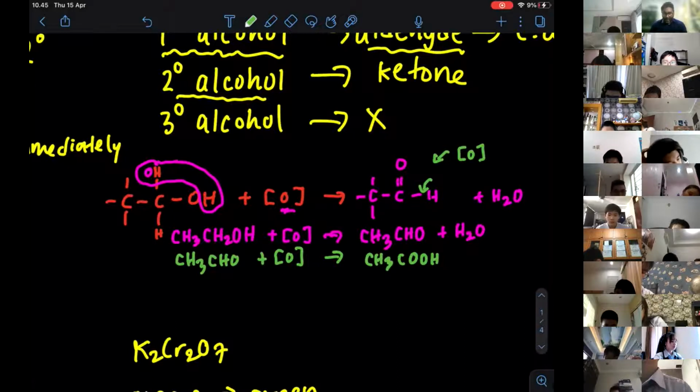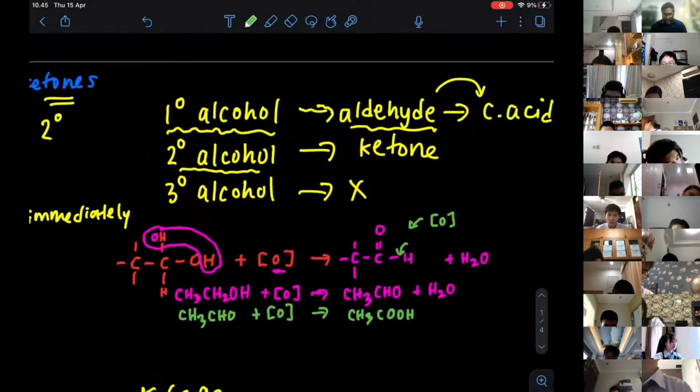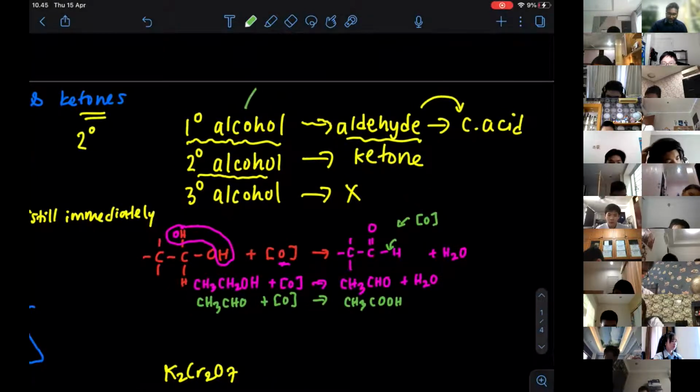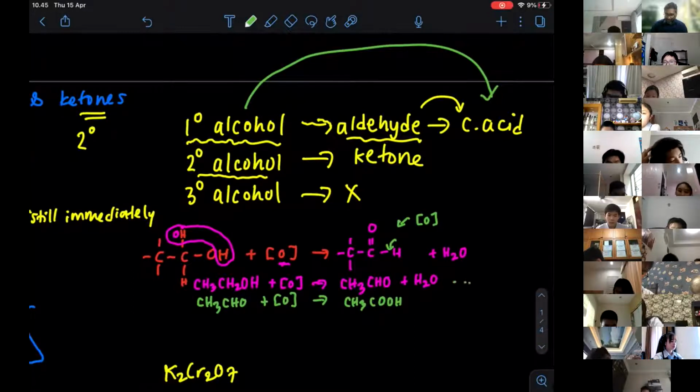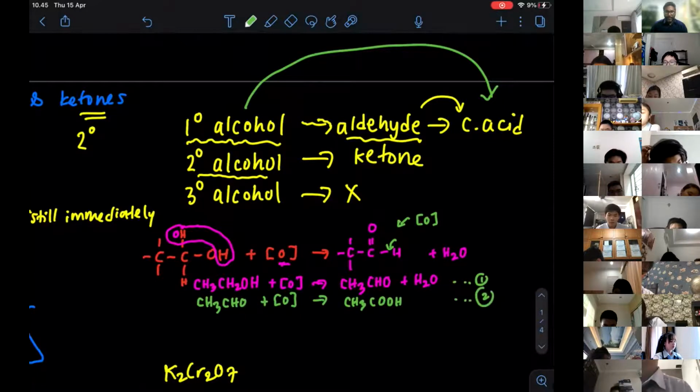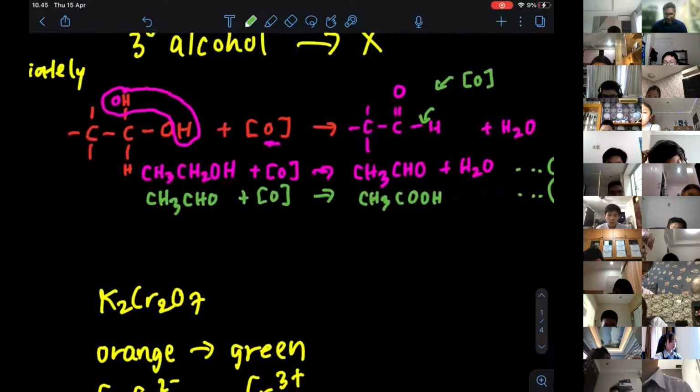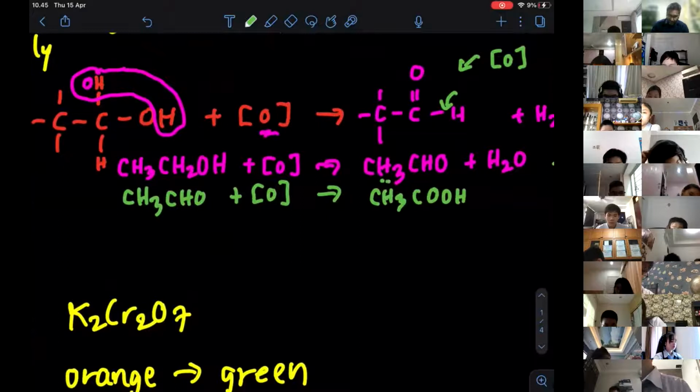Now, is there a way to write down the equation from primary alcohol all the way to carboxylic acid? Yes. What you need to do is combine equation number 1 and equation number 2. You see the similar thing is this one and this one. When you combine left and right, they can cancel.